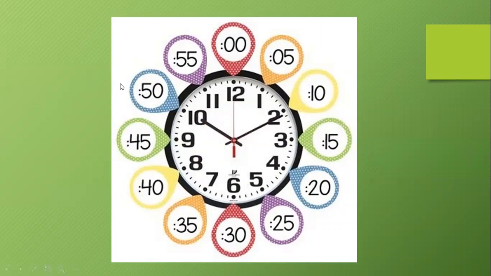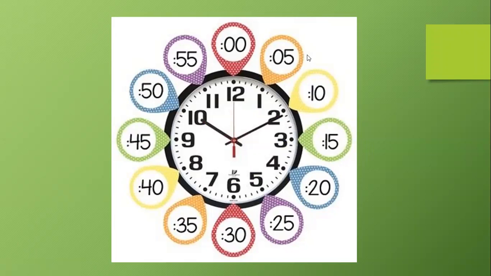So boys and girls, here we have a clock. And as you know, for every number on a clock, 1, 2, 3, all the way up to 12, it is measured in 5-minute intervals. If you count the small dashes in between each number, it will give you 5: 1, 2, 3, 4, 5, 6, 7, 8, 9, 10, and so on and so forth around the clock.